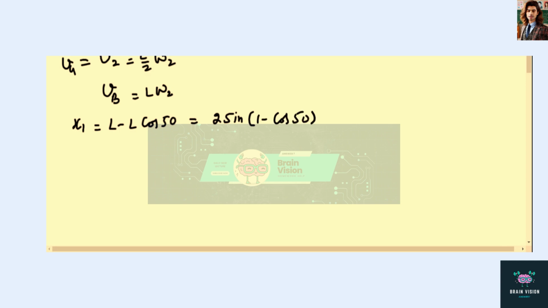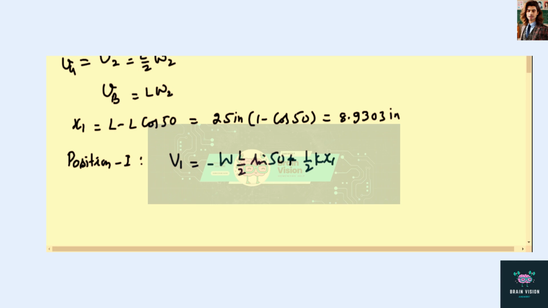So it would be 8.9303 inch. So in position 1, its potential energy you may calculate. Weight into L by 2 sine of 50 plus half k x1 square.